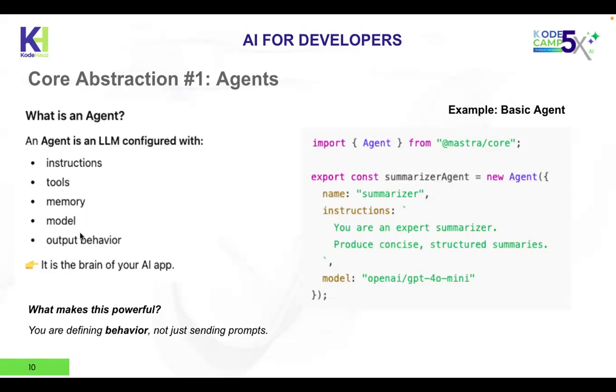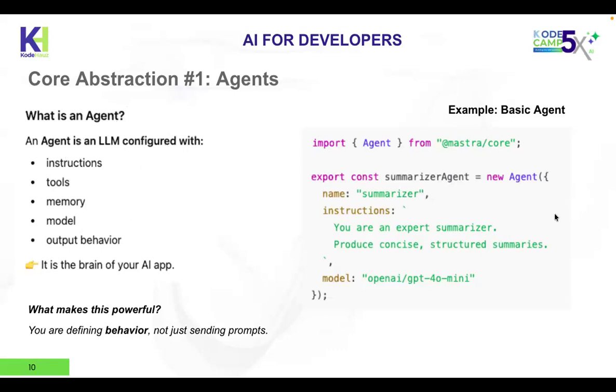And then, of course, the model itself, which does all of the reasoning. That's the reasoning engine, the one that will orchestrate everything and decide what to do and how to do it. Then the output behavior itself. So an agent is basically all of this.